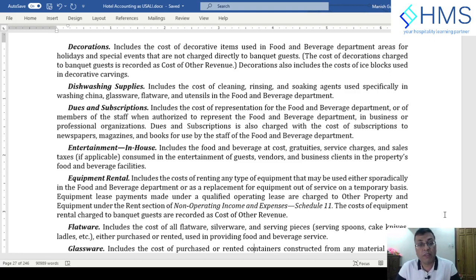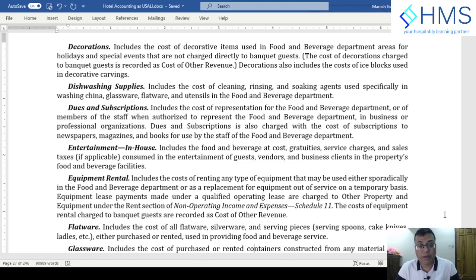Those persons have to relate to the F&B department. If they are related to rooms, then they will go to the rooms department. If they are related to engineering, the cost will go to the engineering department. So it depends on who is inviting the guest, or for which department uses the services of those particular people.